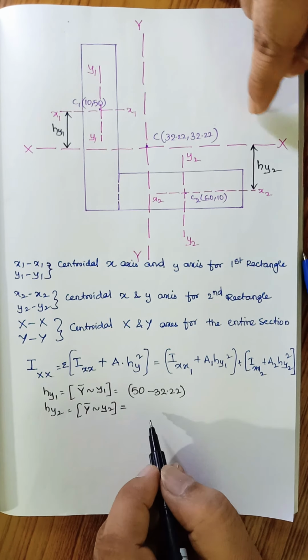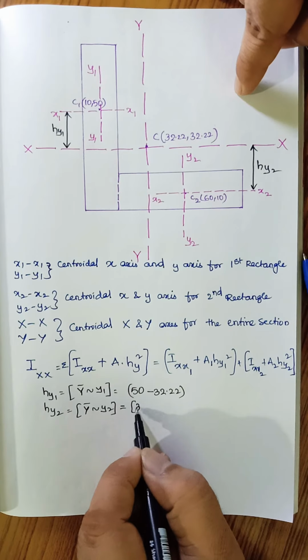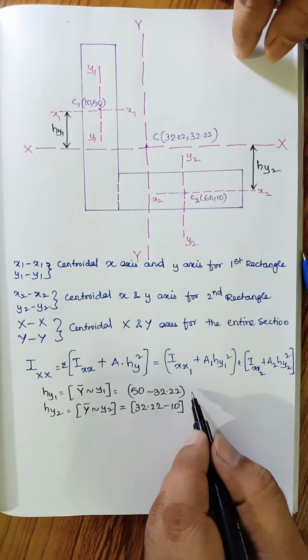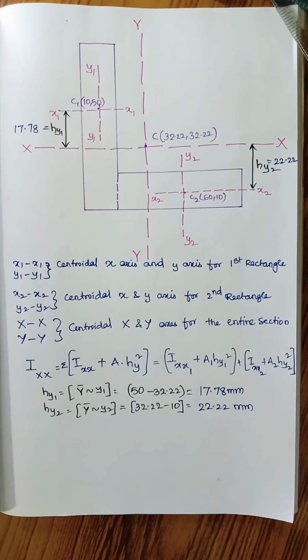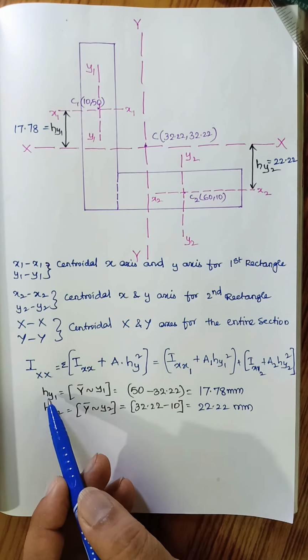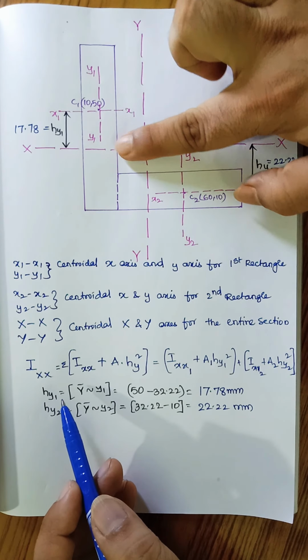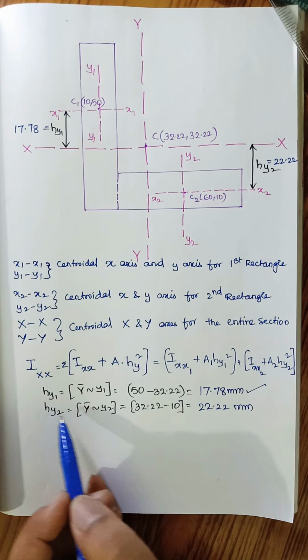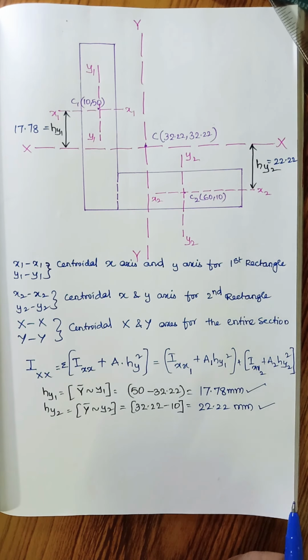So that can be written as, the bigger one is 32.22 minus 10. These two are the values. Now after substituting and calculating the values, we will get hy1, which is the difference between these two axes, equal to 17.78, and hy2 equal to 22.22. Now these are the most important things which we require.